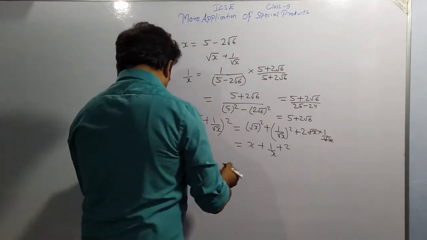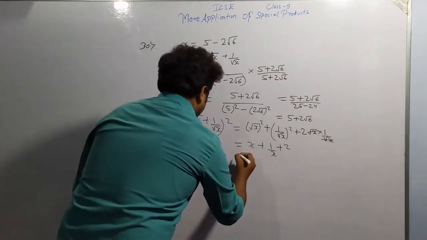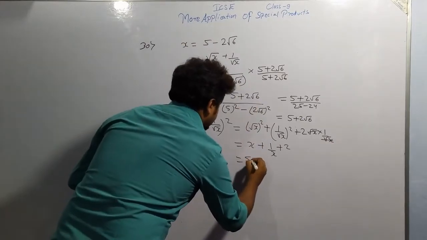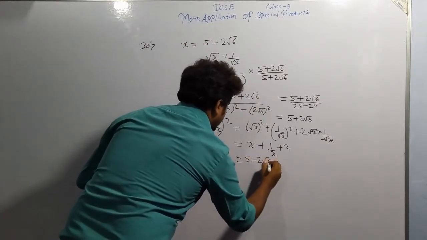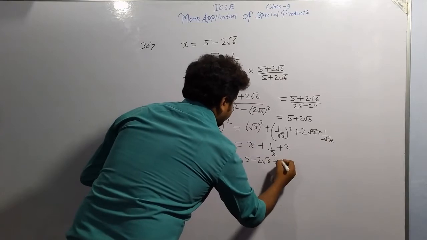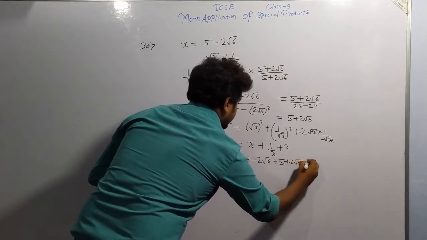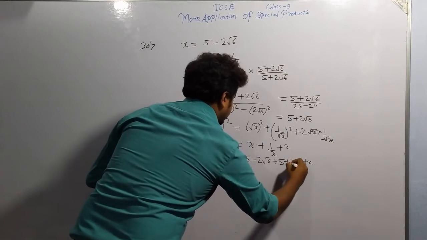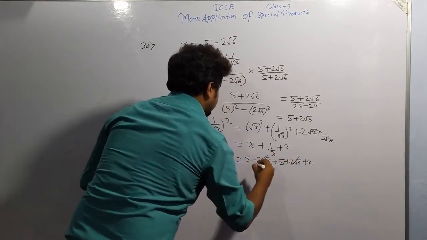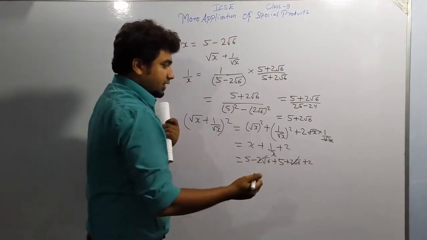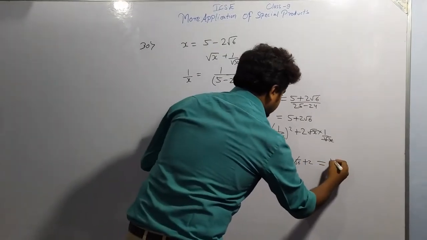So we are getting the value. x value is 5 minus 2 root 6, and 1 by x value is 5 plus 2 root 6, plus 2. So 2 root 6 and minus 2 root 6 get cancelled. 5 plus 5 is 10, 10 plus 2 is 12. We are getting equal to 12.